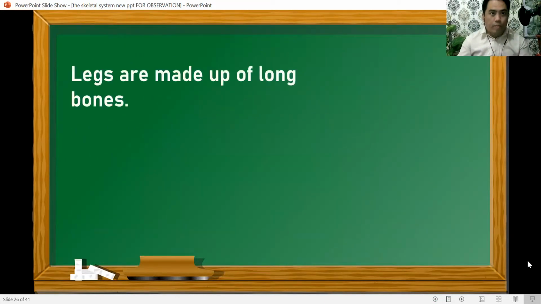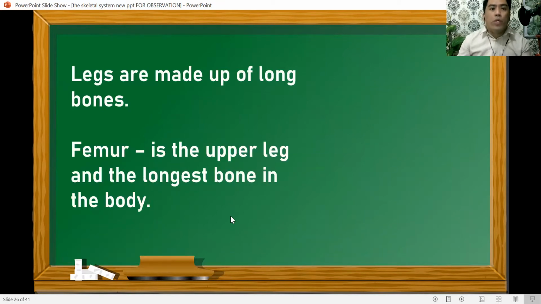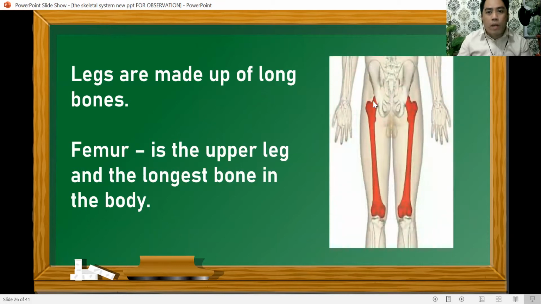Next, legs are made up of long bones. Femur is the upper leg bone and the longest bone in the body. Yan. So ito ay may red na kulay. So yung tinatawag na femur, the longest bone in the human body. Thigh bone pala, sorry.